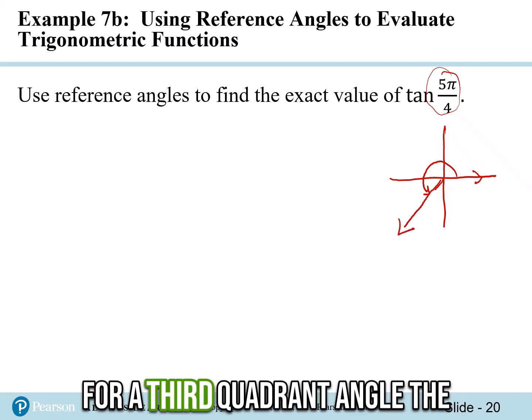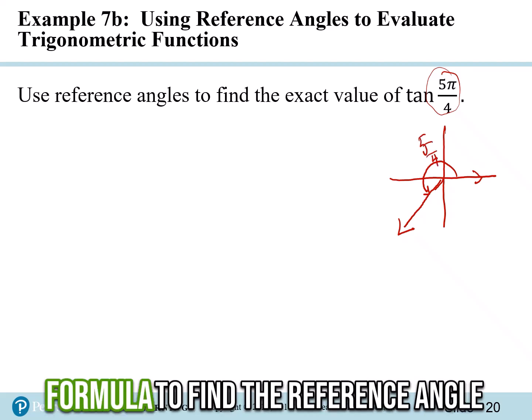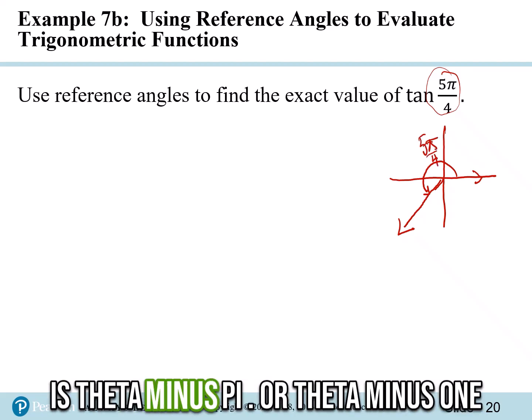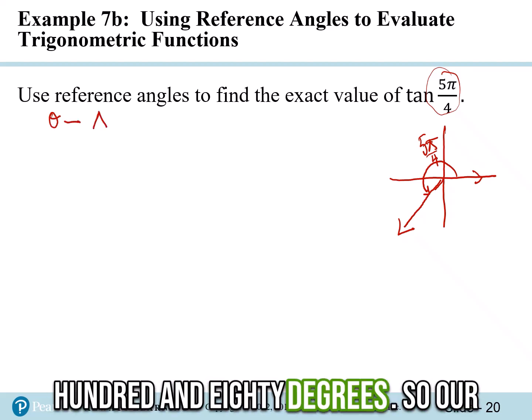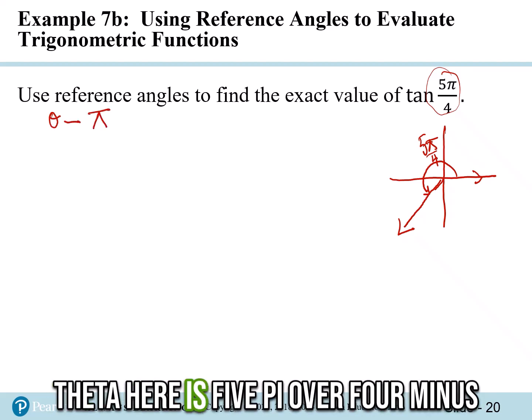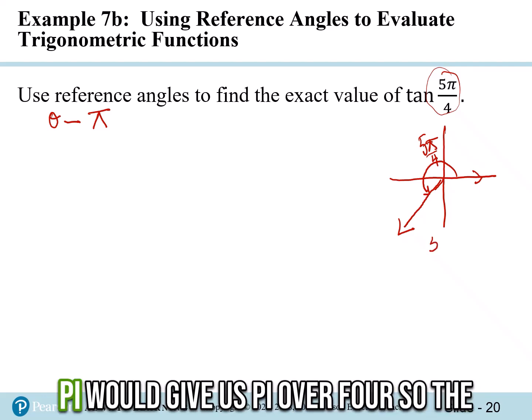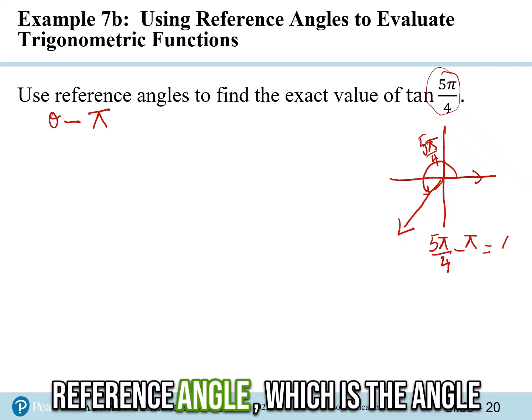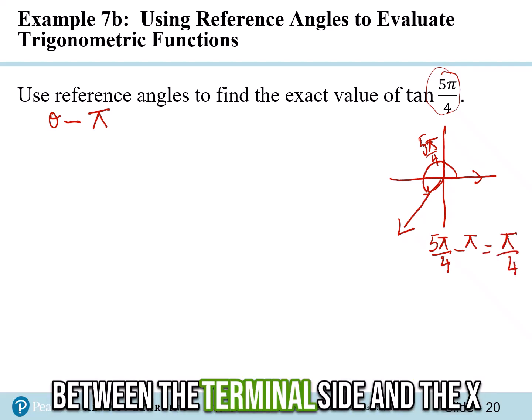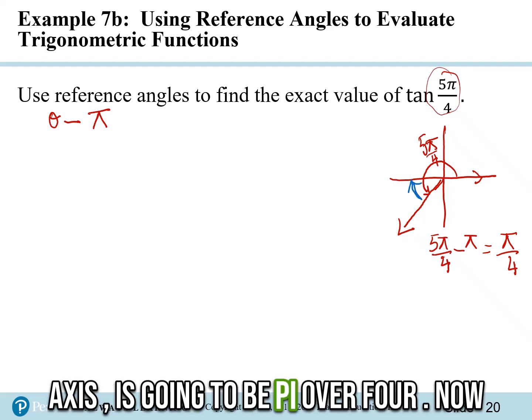So for a third quadrant angle, the formula to find the reference angle is theta minus pi, or theta minus 180 degrees. So our theta here is 5 pi over 4 minus pi would give us pi over 4. So the reference angle, which is the angle between the terminal side and the x-axis, is going to be pi over 4.